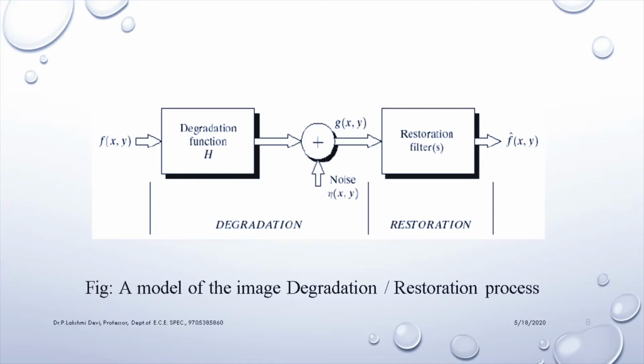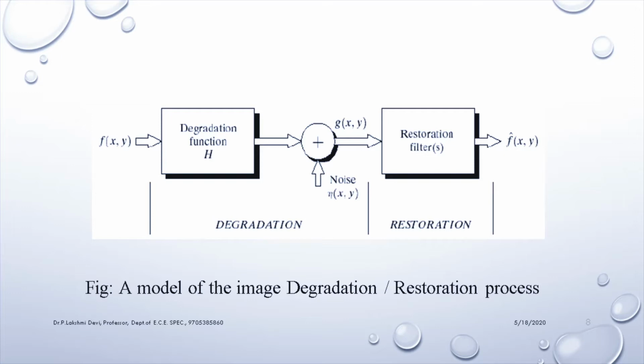This particular block we call the degradation block, with the degradation factor as well as additive noise. The output of this degradation is g of xy, which is an input to the next stage, the restoration process or restoration filter.